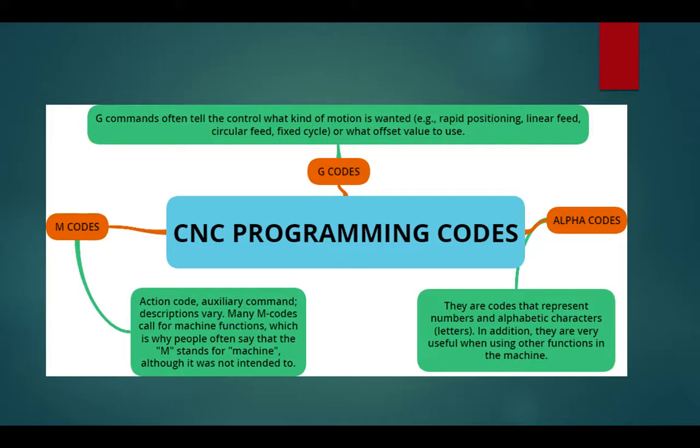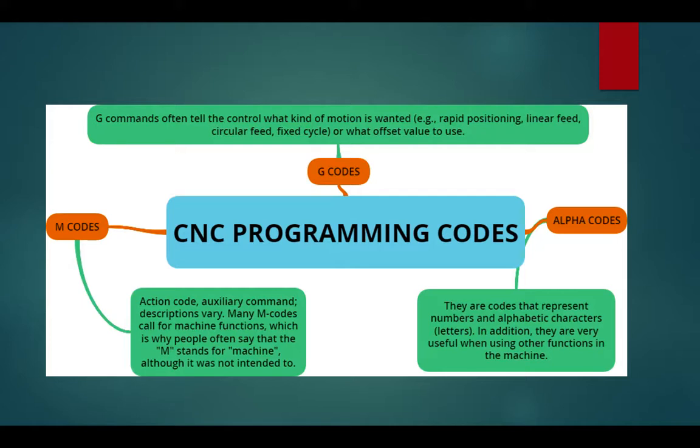The other type of codes is the M codes. M codes are action codes, auxiliary commands. Descriptions vary. Many M codes call for machine functions, which is why people often say that the M stands for machine, although it was not intended to.